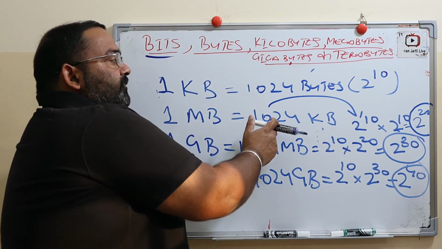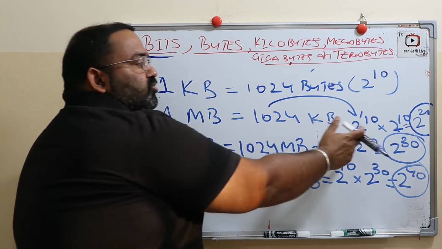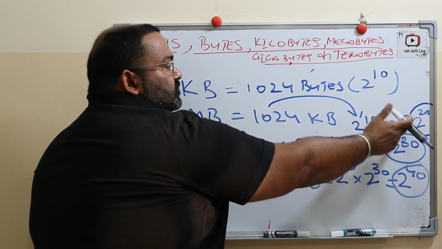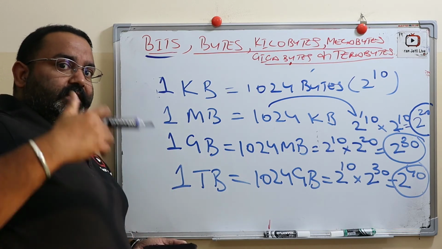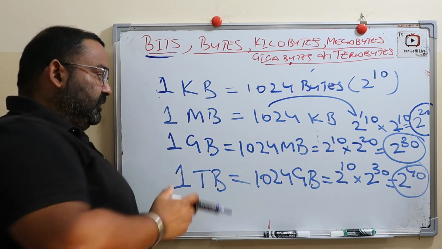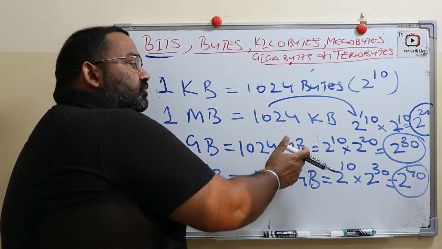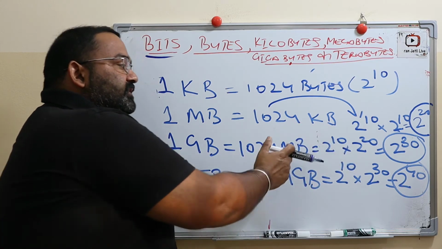So then 1 megabyte. Megabyte is equal to 1024 KB. Now 1024 is 2 power 10. Kilobyte is 2 power 10. So 2 power 10 into 2 power 10 gives you 2 power 20. Then 1 gigabyte. Now what is gigabyte? Again 1024 MB. Now what is 1024? 2 power 10. What is MB?